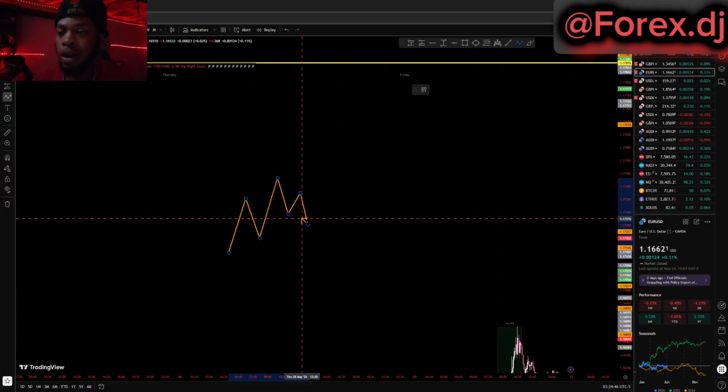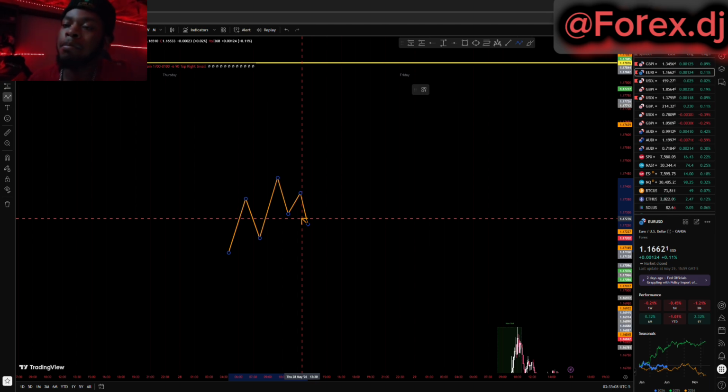Everybody has their own terms for every piece of trading. Breaker structure, I've heard change of character, but it's just another word for a breaker structure. Manipulation is just another word for liquidity sweeps. Supply and demand is the same as support and resistance. It's all the same.